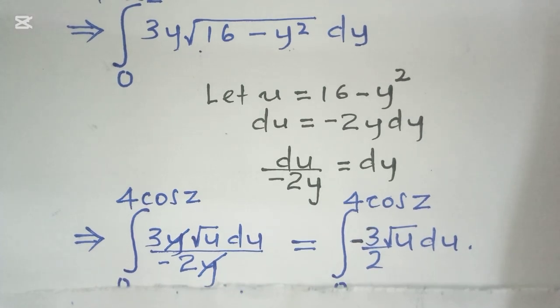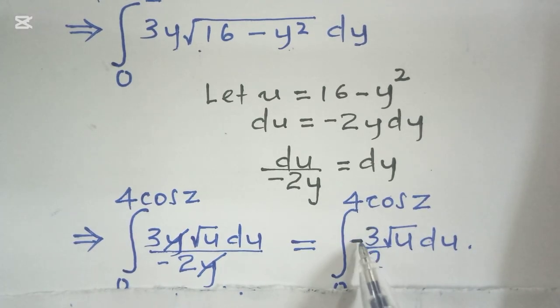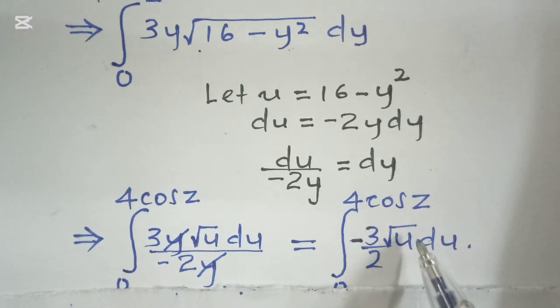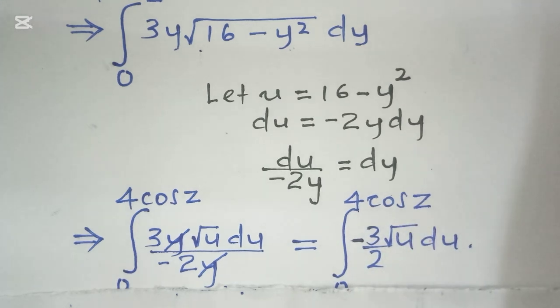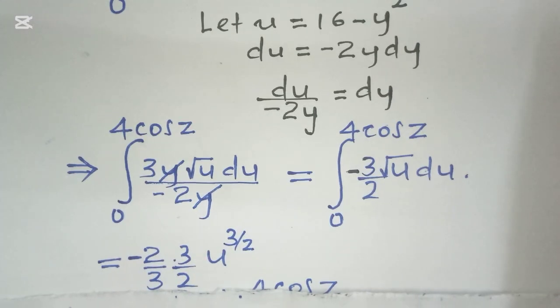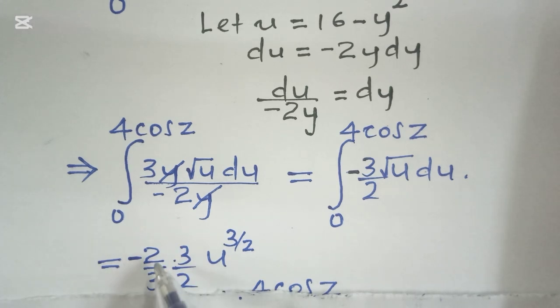Guys, now we come and integrate negative 3 over 2 and then u raised to a half. We integrate that, and this is going to give us u raised to 3 over 2, all over 3 over 2, and then we have also another 2 here.